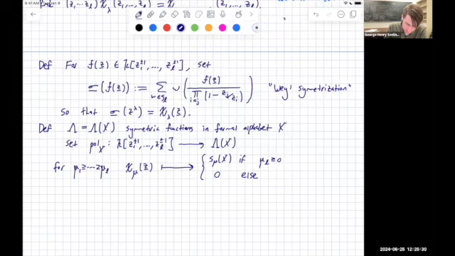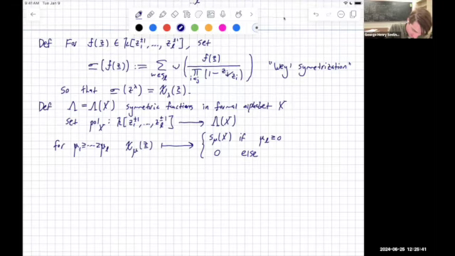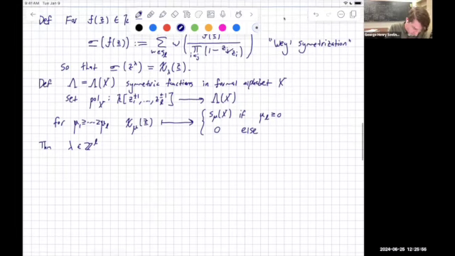Okay. So now we have all the tools to say, in a precise sense, some of these identities that I mentioned at the beginning, in Macdonald. So, theorem. Let's take any lambda, any integer vector.